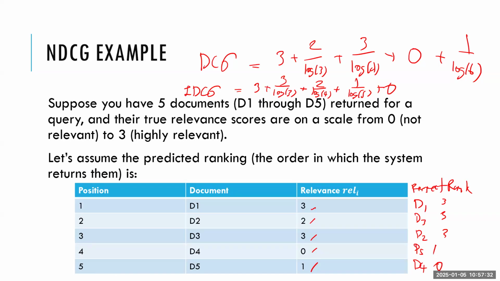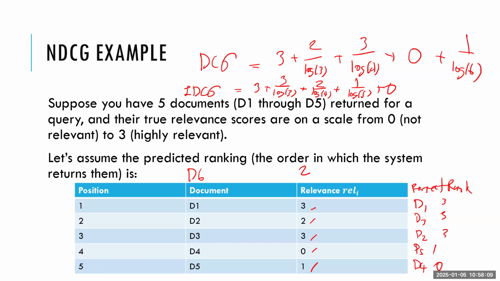It is important to note that for the ideal DCG, the perfect ranking that you compute must come from the prediction. If my database has D6 with a relevance score of 2, but my algorithm only returns 5 documents, the D6 with the score will not appear in the ideal DCG.